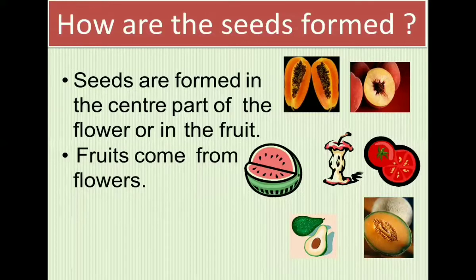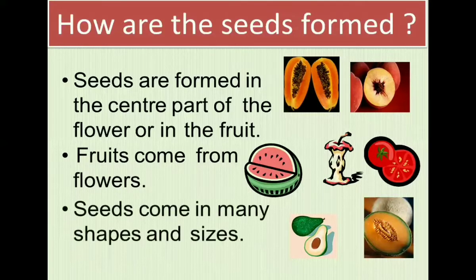Fruits come from flowers. Seeds come in many shapes and sizes. Of course, the size of the papaya seed would be different from the size of watermelon seed.